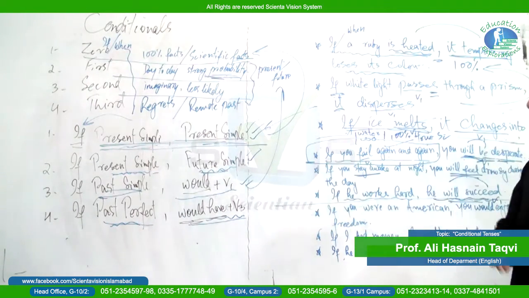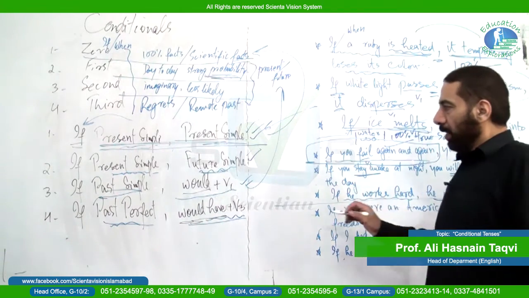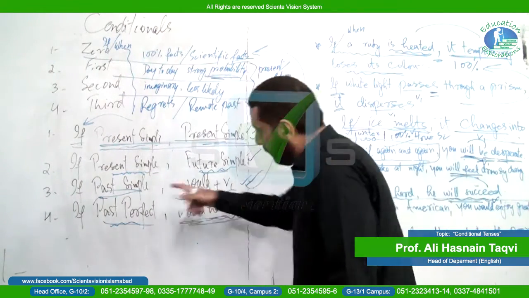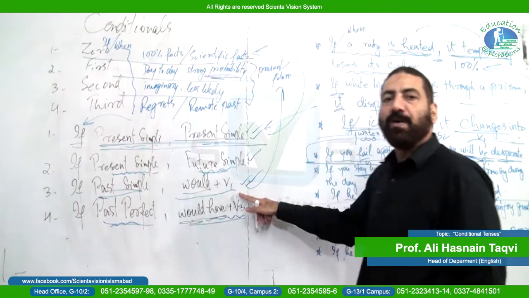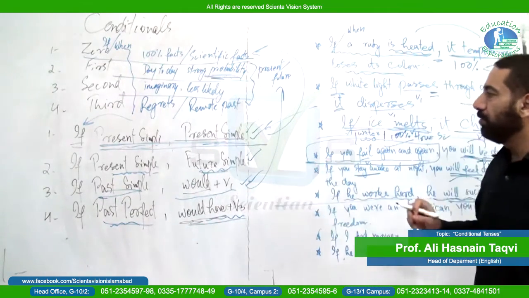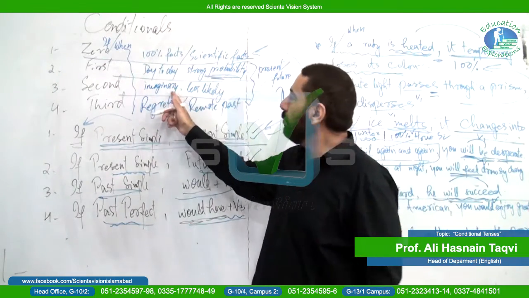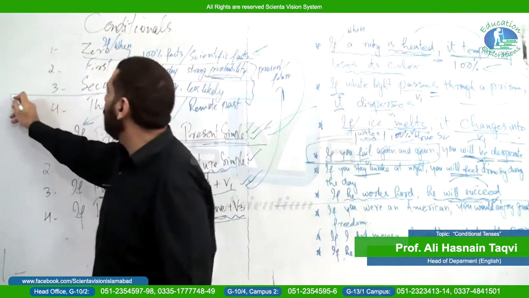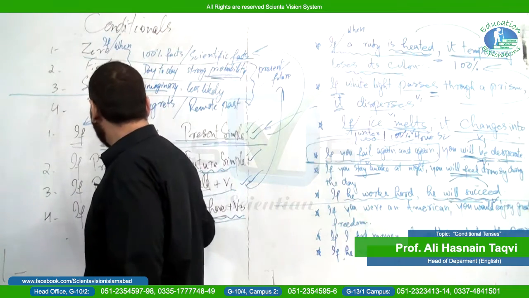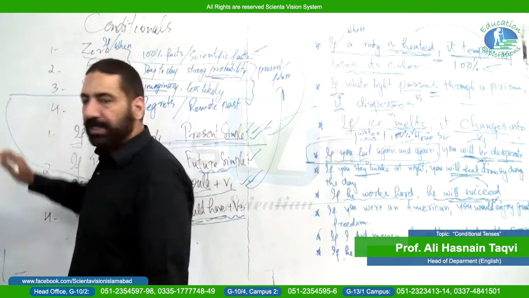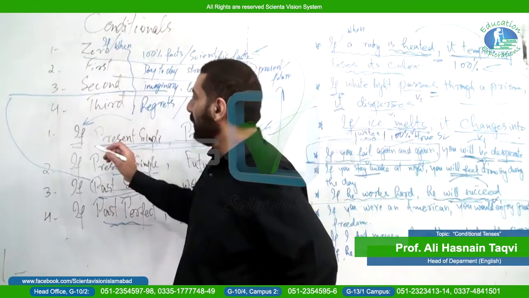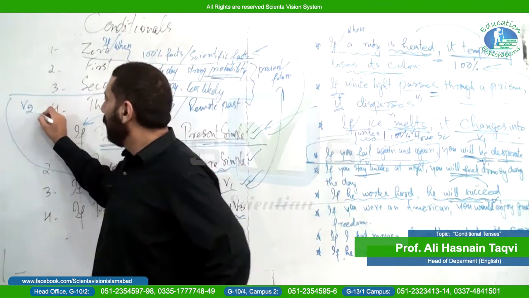Now moving to the third type. Third type is past simple, would, V1. You have to understand the concept that it is visualizing something. When you are visualizing something, there is another thing important with reference to this past simple. We have already understood the rule of past simple that it requires V2.